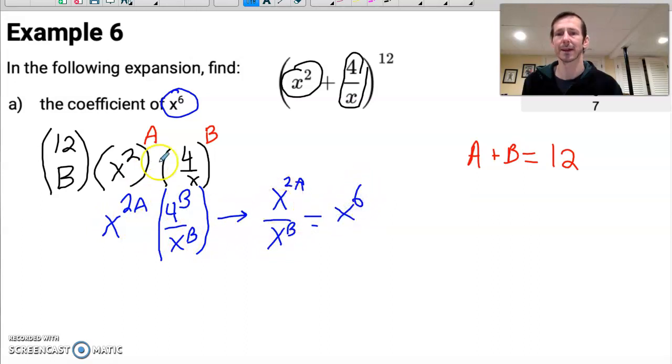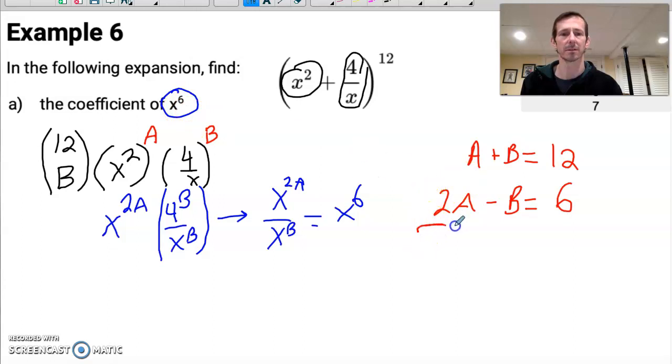It has to. At the end of this expansion, whatever term I'm trying to get to, these two things together have to combine to x to the sixth, which means, using an exponent property, because these bases are the same, I'm allowed to subtract exponents. So I now know that 2a minus b has to equal 6. I've taken the specifics of this term, and it's now in play to where I want to end up.